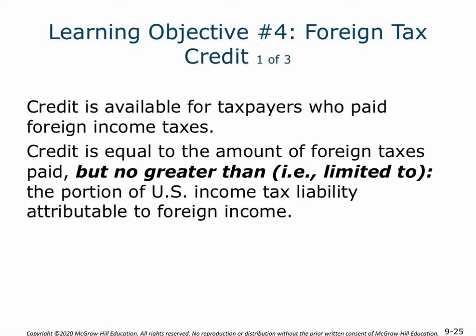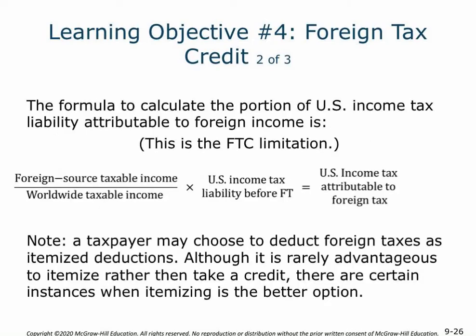So what we're going to do first, when we're given a credit for the amount of tax, is point out that the credit you're going to get cannot be greater than the amount you actually pay, and cannot be greater than the proportion of it that you would have under the U.S. tax code. So let's take a look at how that calculation works.